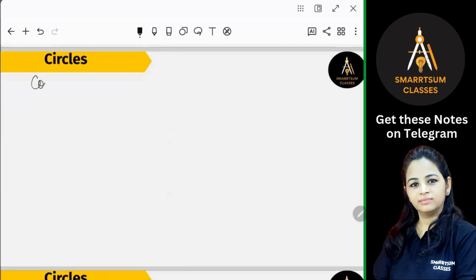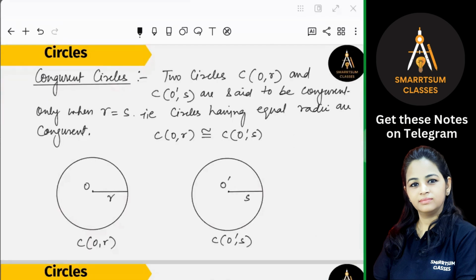Now, what are congruent circles? Two circles, for example, as you can see here, the figure C(O, R) and C(O', S), right? These two circles are said to be congruent only when R and S are equal.